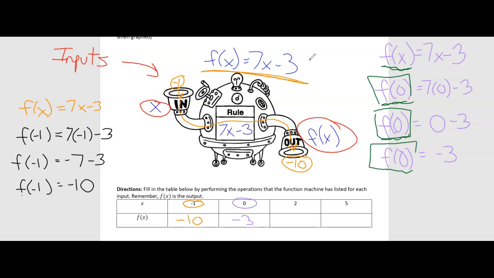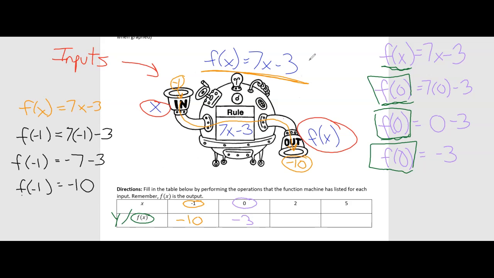Remember, this is like our y value. I could replace this f of x here and just write y instead. We've worked with x and y tables before. We're just now replacing the y's with f of x's because we're working with functions rather than linear equations. But they're almost exactly the same thing.